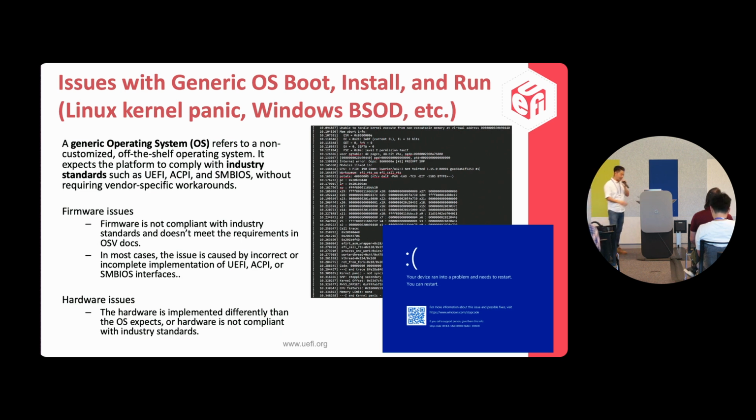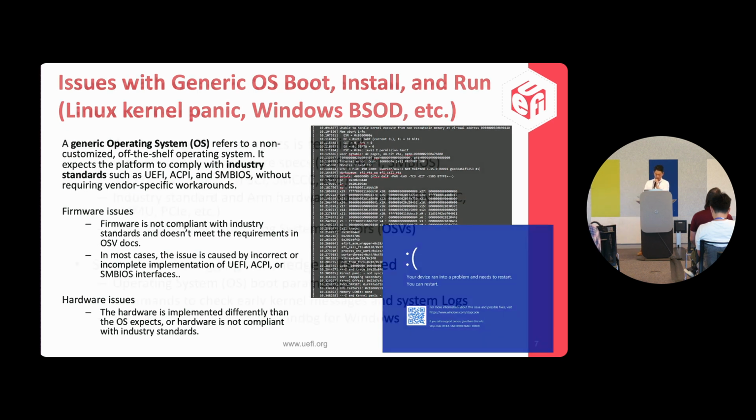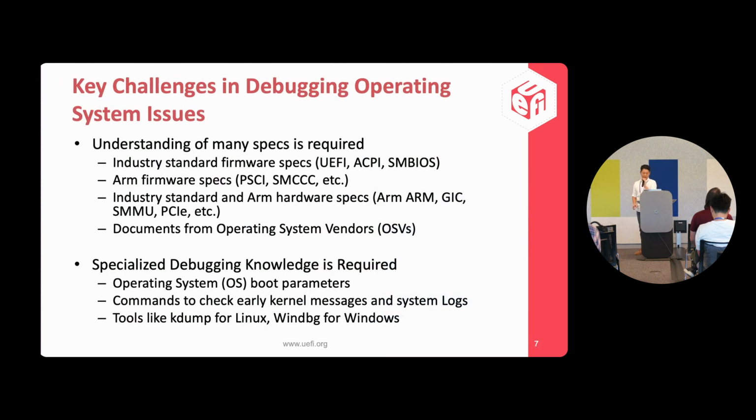So if people want to debug this kind of issue and prevent it from happening, they need to read through all the specs related to OS boot and install. That includes the industry standard firmware specs or Arm firmware specs, the Arm and industry standard hardware specs, even the documents from the OS vendors.